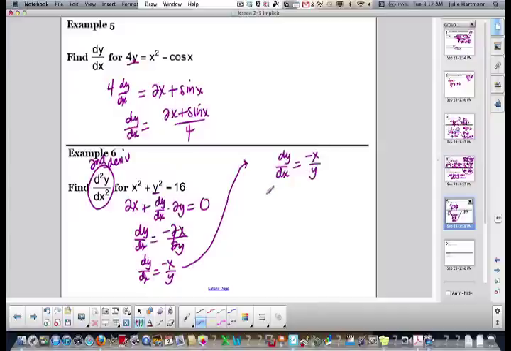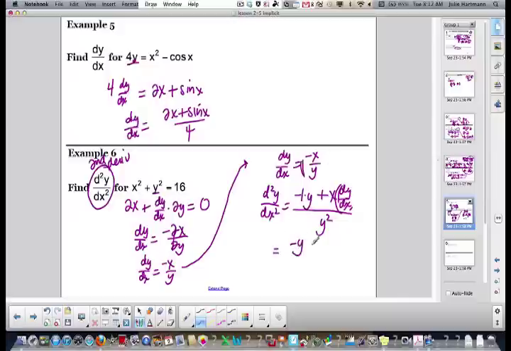So now, let's start up here. dy/dx equals negative x over y. So your second derivative, d squared y over dx squared. This is a quotient. So the derivative of the top is negative 1 times the bottom, minus the top, which is a negative x, so it becomes plus x, times the derivative of the bottom, dy/dx, all over the bottom squared. Now, this dy/dx can't stay there. What does dy/dx equal? Negative x over y. So you just need to plug that in.